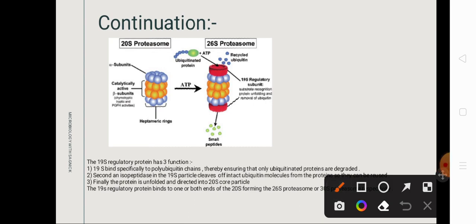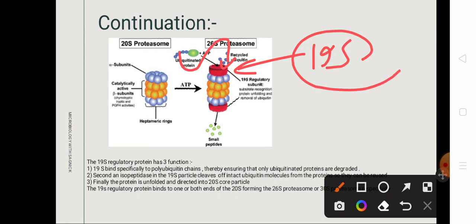So now this polyubiquitin chain will bind with this 19S regulatory protein of the proteasome, and by binding, this 19S regulatory protein ensures that yes, I am degrading a polyubiquitinated protein.